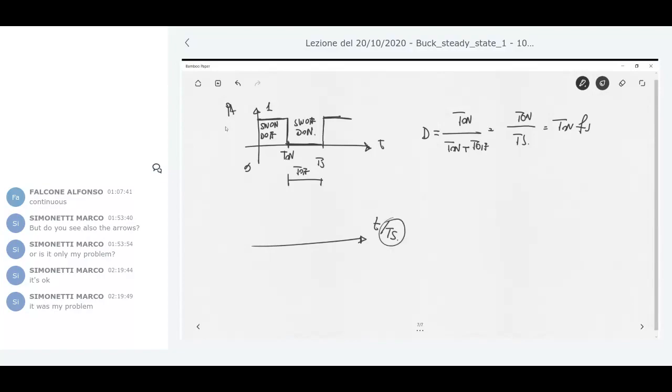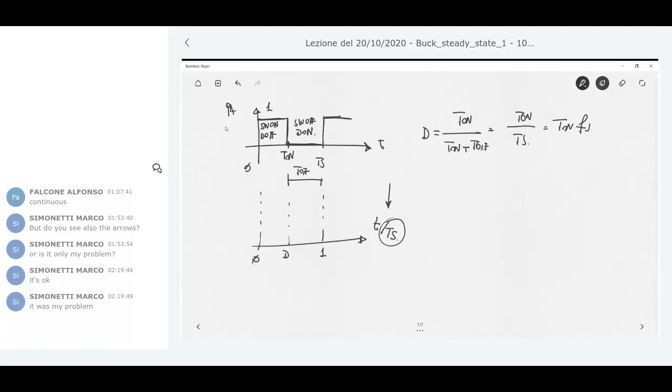In that situation, my axis is rescaled to have 1 here and the duty cycle here. In some slides that I show you later, the time axis is rescaled in dimensionless units like this by dividing by Ts. Nothing changes in the discussion.